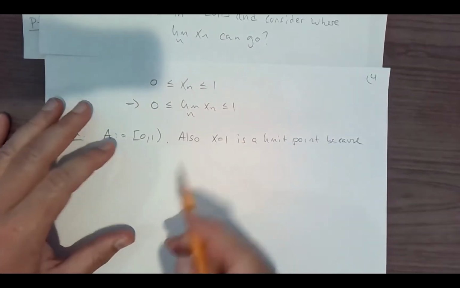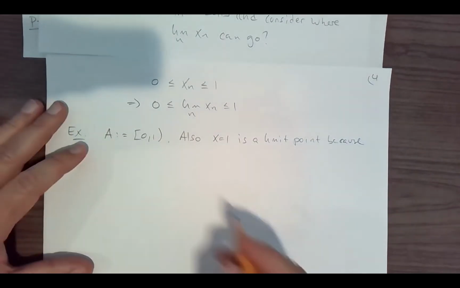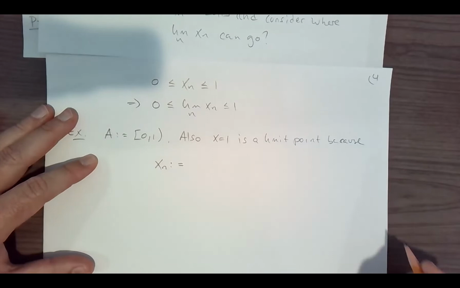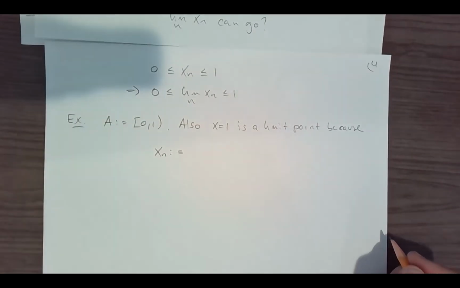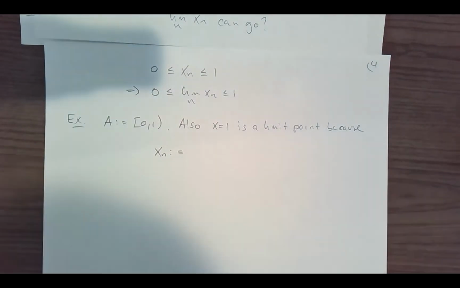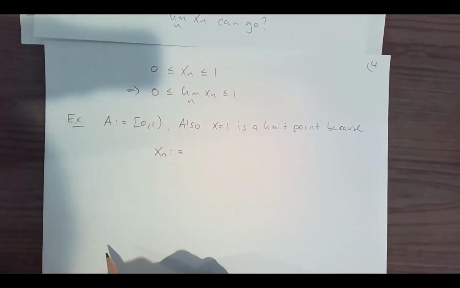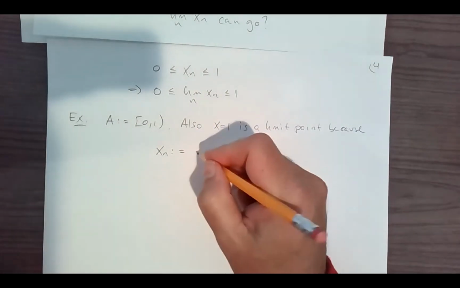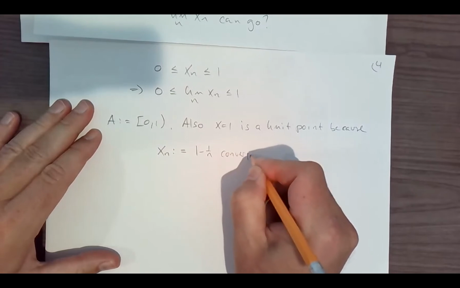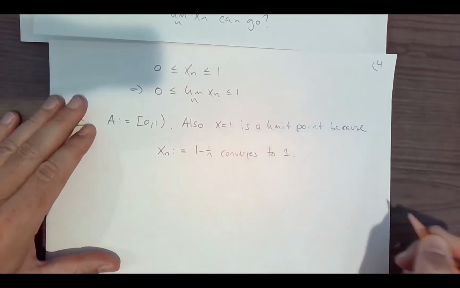Can I find a sequence that's inside this interval that will converge to 1? How could I choose my sequence? I need something that goes to 1. Very good. 1 minus 1 over n. This thing here converges to 1.